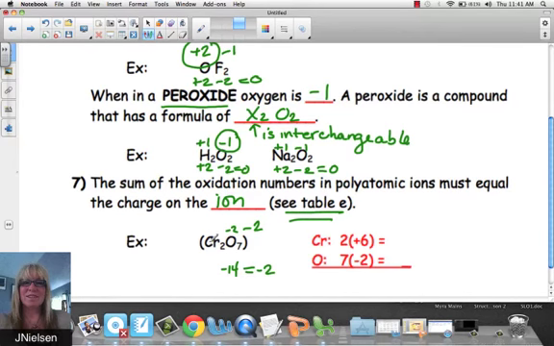If I look up chromium, chromium is +6. Sorry, that's going to give me a +12. A plus 12 and a negative 14 is a negative 2. So whenever you have a polyatomic ion, the net charge equals the charge on the ion.